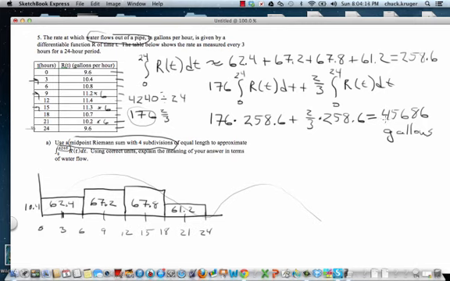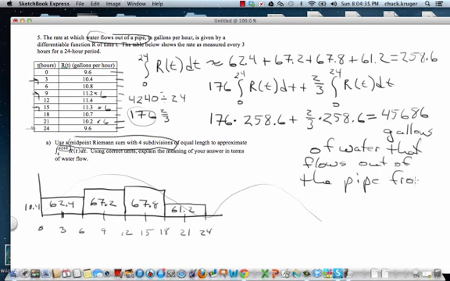So I have 45,686 gallons of water that flows out of the pipe from 0 to 4,240 hours.